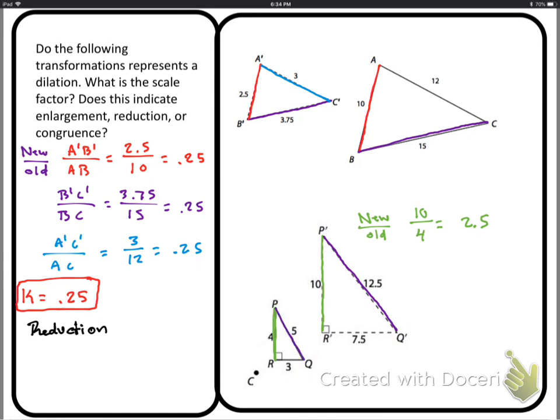P prime Q prime to PQ, that's 12.5 over 5. 12.5 divided by 5 gives us 2.5. And lastly, we could do R prime Q prime to RQ. That's 7.5 over 3. That is also 2.5. So our scale factor for this one, we confirmed it here, is consistent with all three. It's 2.5.